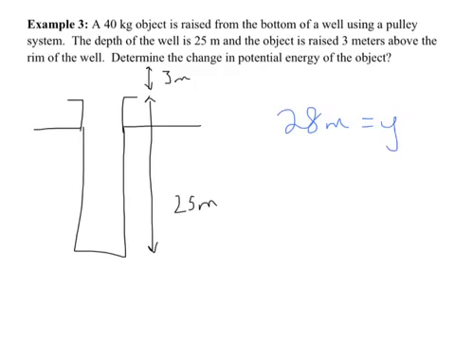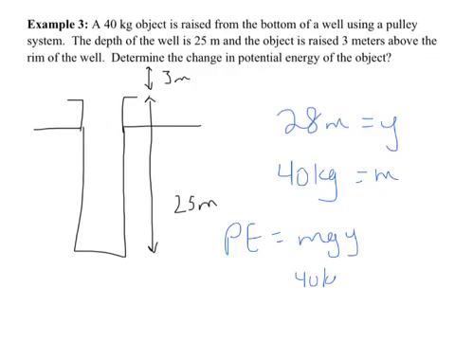If that's our y value, we also need our mass. The mass of this object is 40 kilograms. And now we have the y and the m. We can plug right into our formula. Potential energy of gravity equals mgy. So we have 40 kilograms times 9.81 meters per second squared times 28 meters.